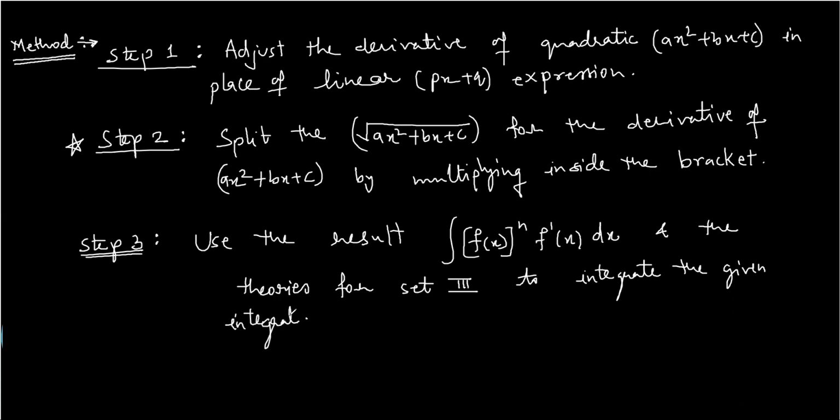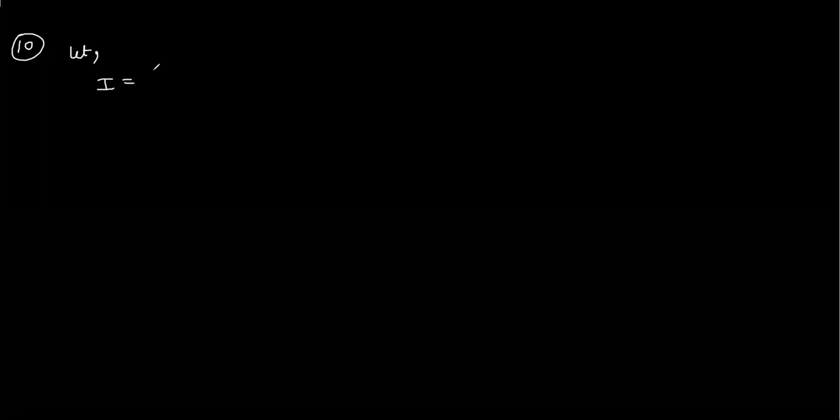Okay, so here we will take a problem for practice. Let's solve a problem on the same type which we just learned, that is linear into root quadratic. So the integral we have is sec square x into square root of tan square x plus tan x minus 7 dx.